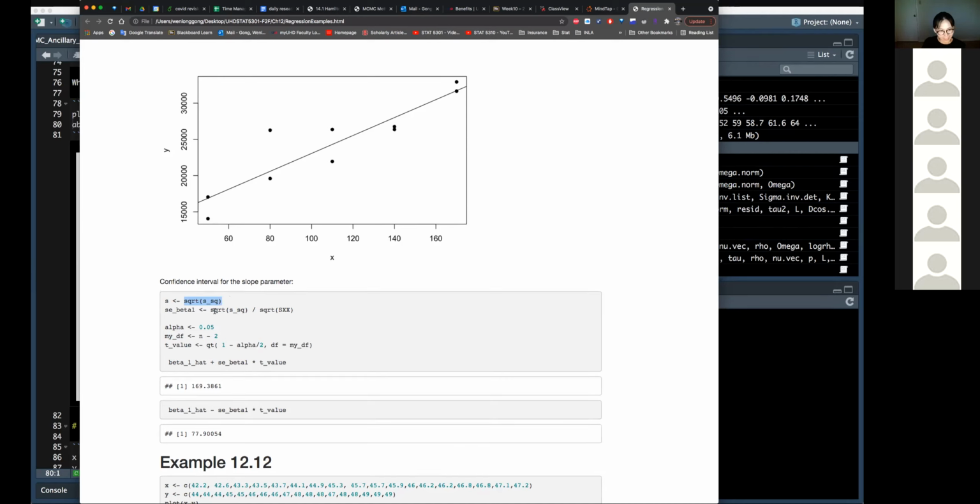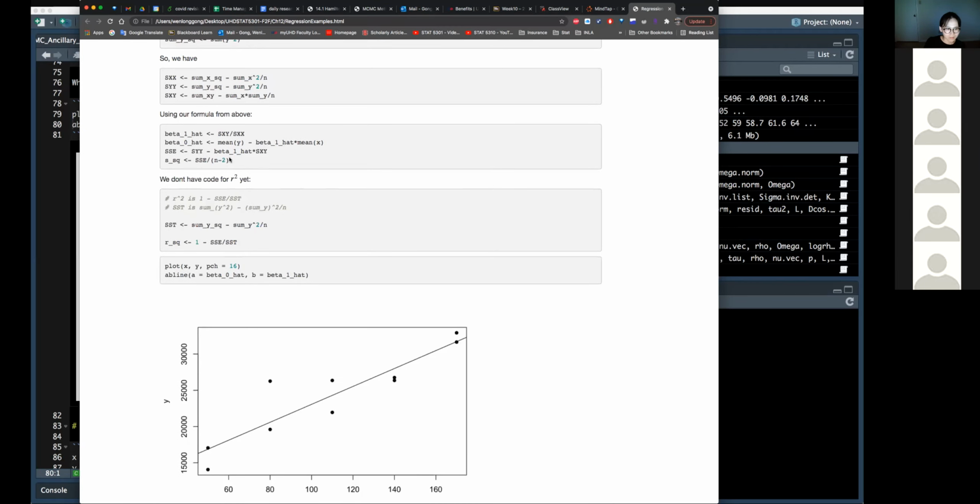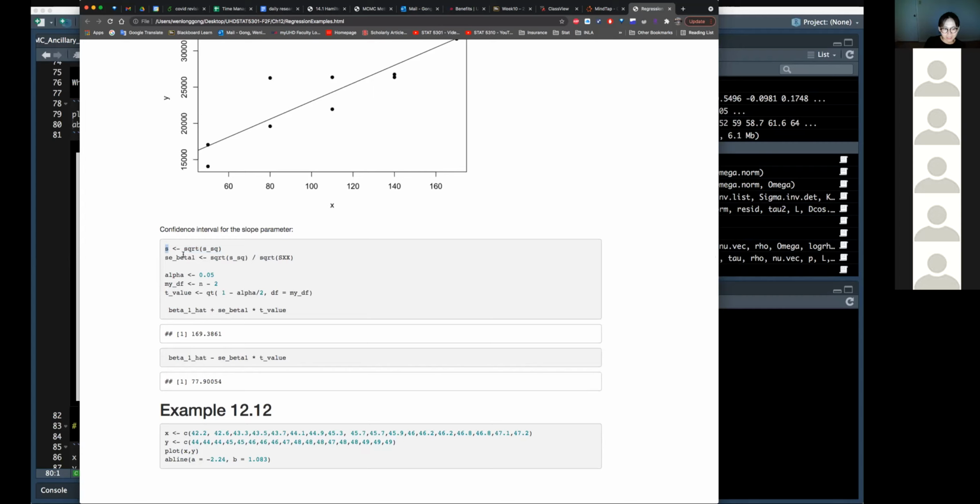This S is the estimate for sigma. Sigma is unknown in this case, so we're estimating this sigma from here. Remember the formula for estimating sigma squared by S squared. So this S is something I'm preparing for the test statistic.